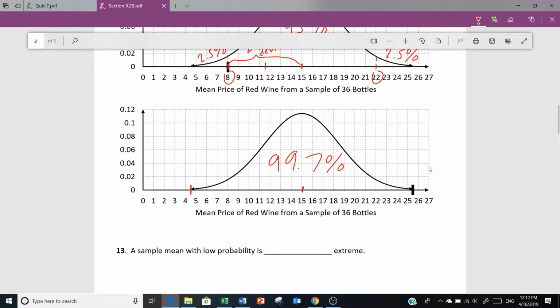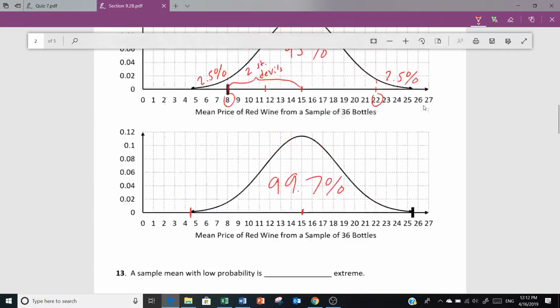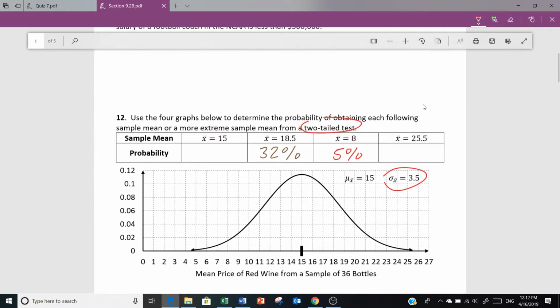You don't have to split it in 2 anymore. We have 0.3% on the sides. So getting 25.5 or more extreme, what's the probability of getting 25.5 or more extreme? 0.3%. Okay.